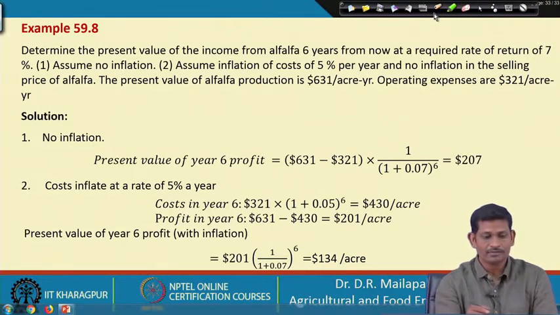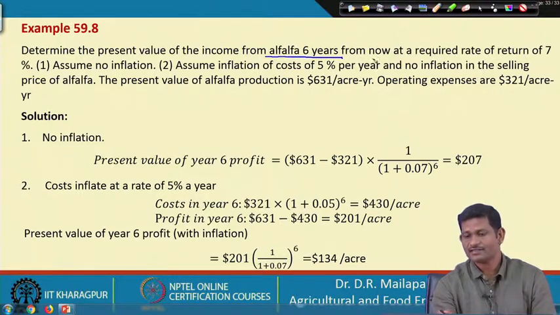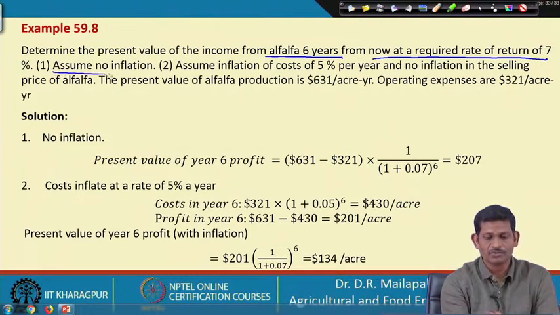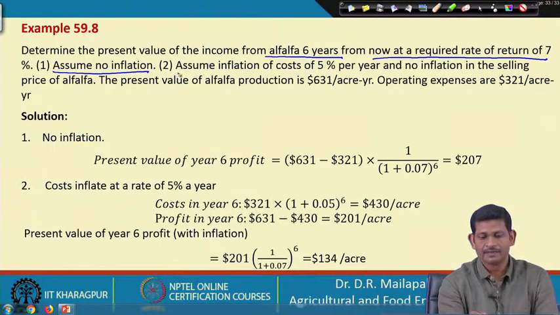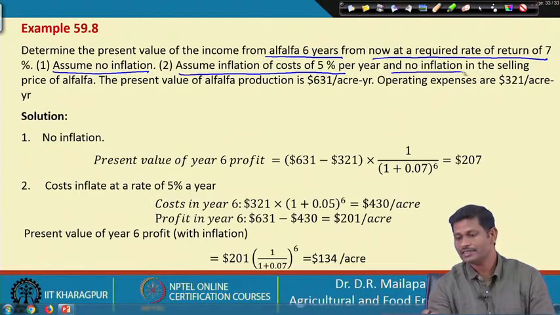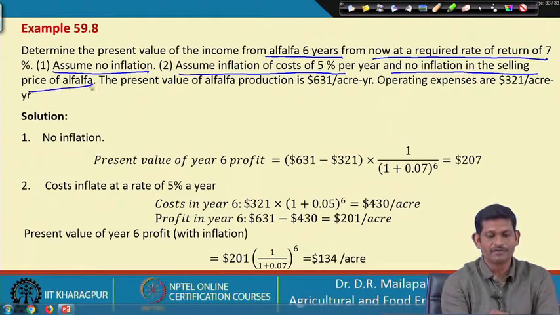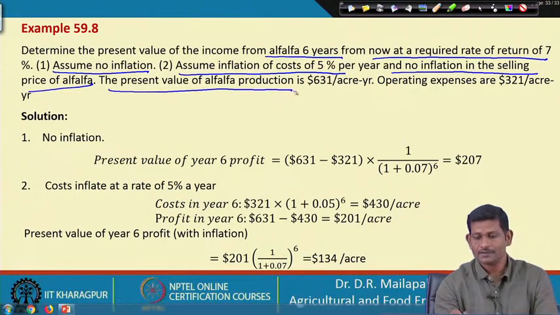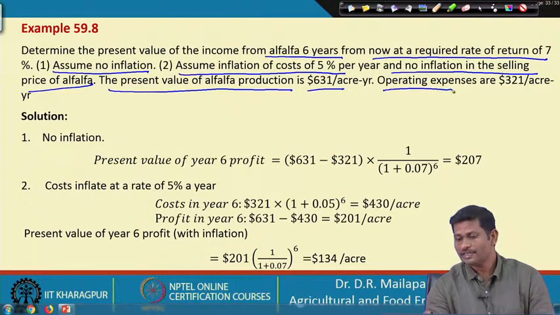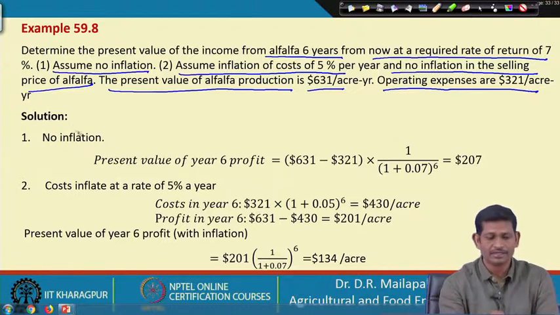And this is an example: determine the present value of the income from alfalfa 6 years from now at a required rate of interest of 7%. First assume no inflation, and then assume an inflation cost of 5% per year and no inflation in the selling price of the alfalfa. The present value of alfalfa production is 631 per acre per year, operating expenses are 321 per acre per year.